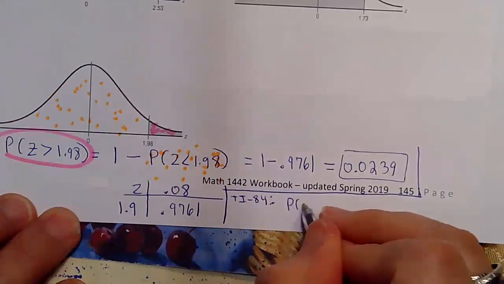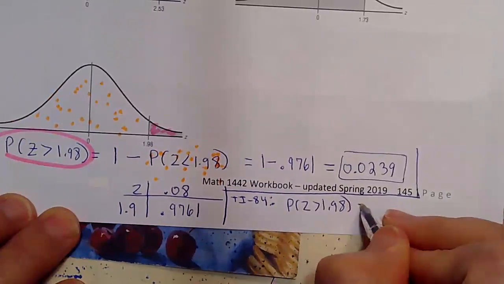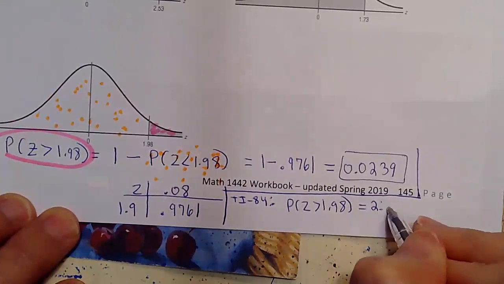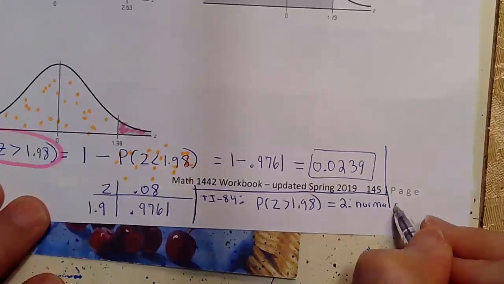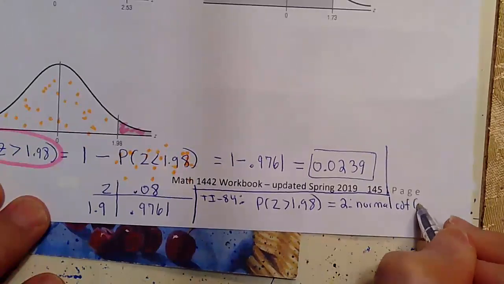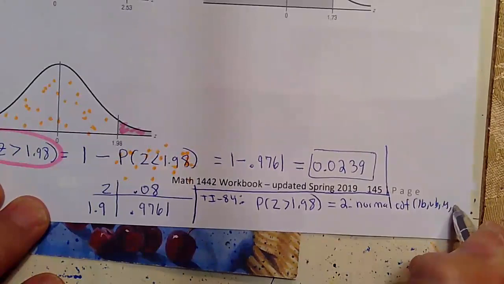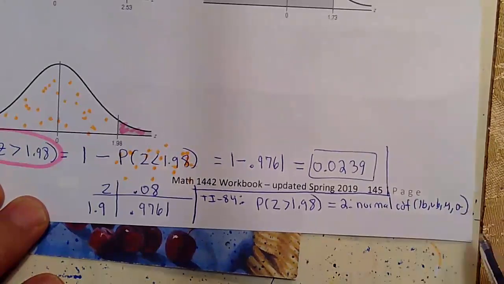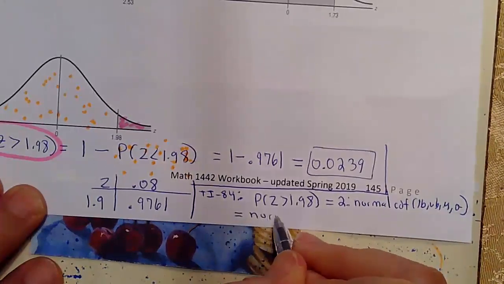Probability Z is greater than 1.98. And remember, we're using number 2, normalcdf: lower bound, upper bound, mu, and sigma. And then you can do your substitutions.